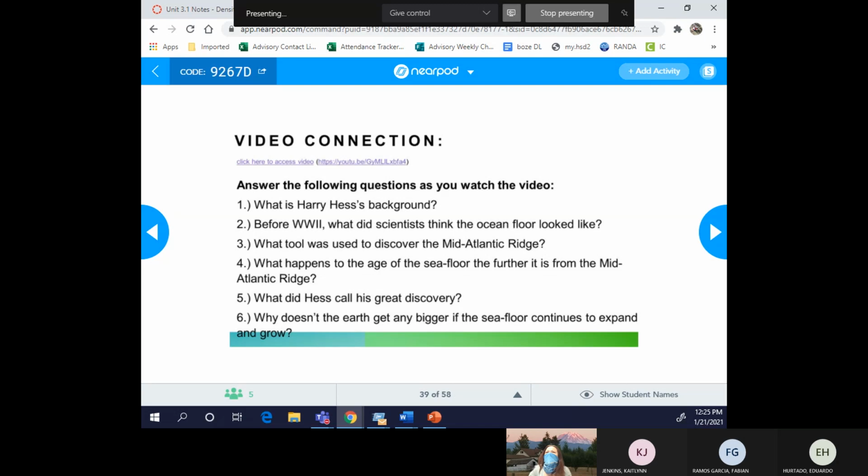What happens to the age of the seafloor as it gets further from the Mid-Atlantic Ridge? Think back to the picture I showed too. What happens to the age of the seafloor?